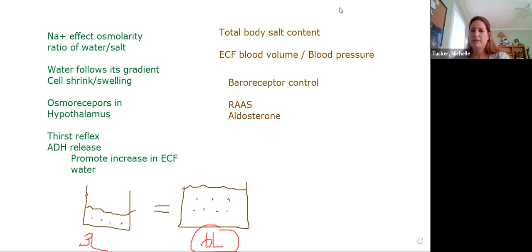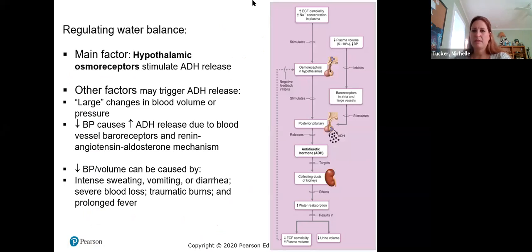And that's what this graphic is showing, that on this side, we're looking more at maintaining osmotic balance. So the osmoreceptors can sense that the extracellular fluid osmolarity or osmolality is increased. That is going to stimulate the posterior pituitary to release ADH, antidiuretic hormone, which targets the collecting ducts of the kidneys to insert more aquaporins.